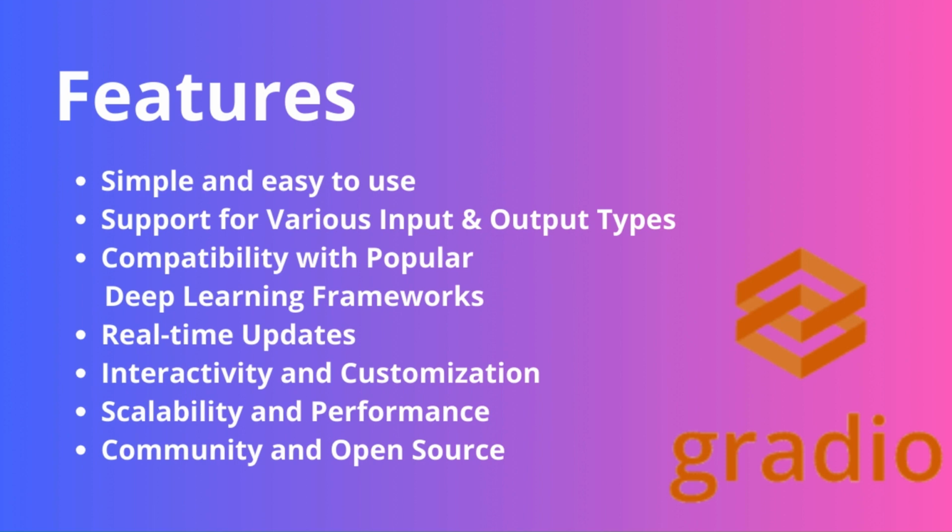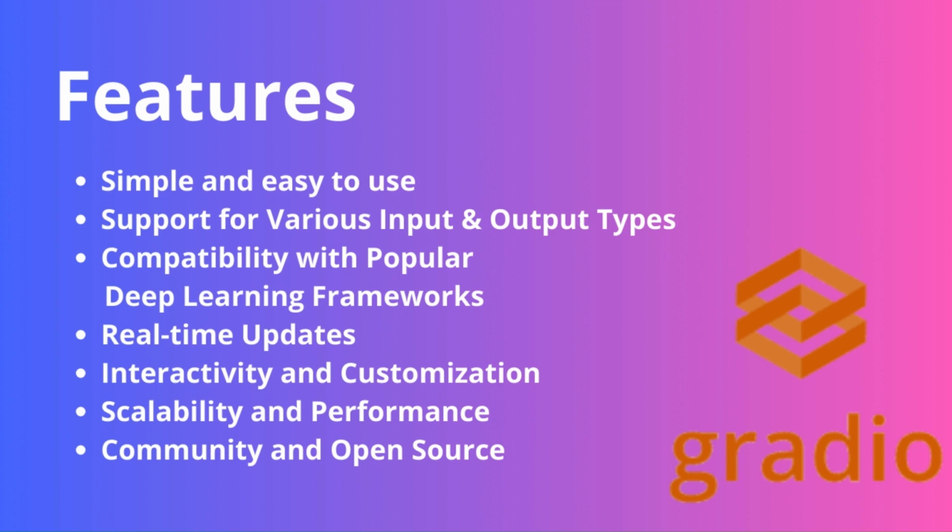Fifth is interactivity and customization. Gradio lets you make your model interactive. Users can put in data and instantly see what happens. Plus, you can make the interface look and behave the way you want for your application. Sixth is scalability and performance. Whether your application is small or big, Gradio can handle lots of people using it at the same time.